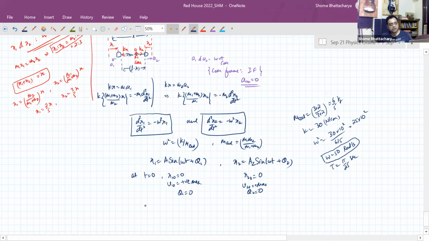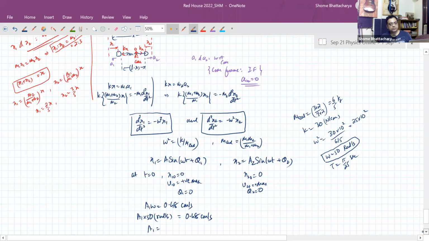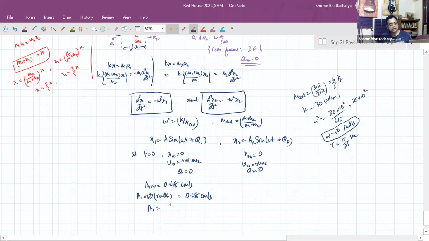And A1 omega was how much? It was 0.48 centimeters per second. So A1 into 50 radians per second. You see, it has a very small amplitude. So this amplitude is 0.48 divided by 50 in centimeters.